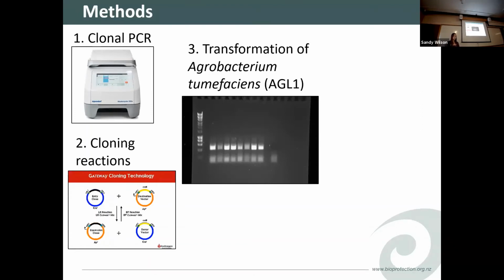I then confirmed that this transformation was successful, again using colony PCR, and this picture is an example of the result that I got from doing this. And this is for an effector called 18320.